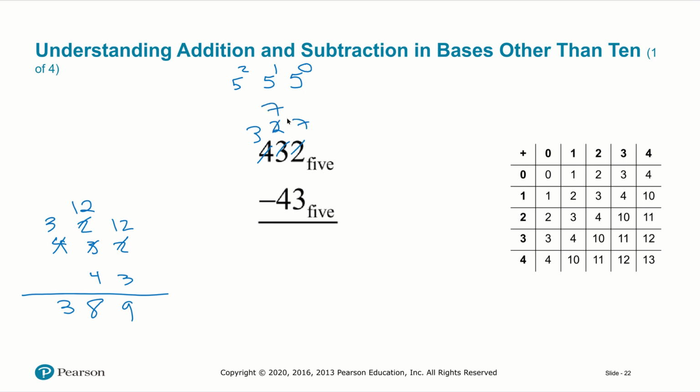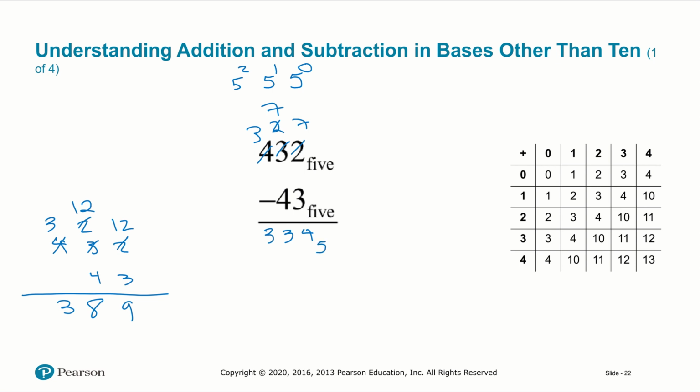All right, remember, rather than this being a number, think of it as a tally of how many of these guys you have now. So how many 5 to the zeros, how many 5 to the ones, and how many 5 squares. Now 3 from 7 gives me 4. 4 from 7 gives me 3. And the 3 just drops down. So I get 3, 3, 4, base 5.